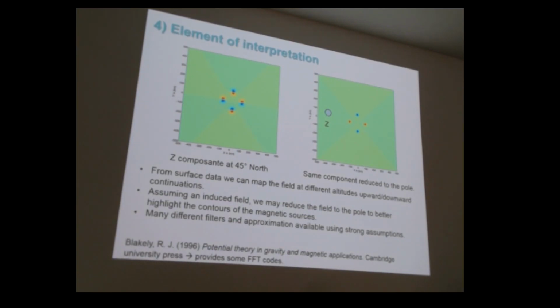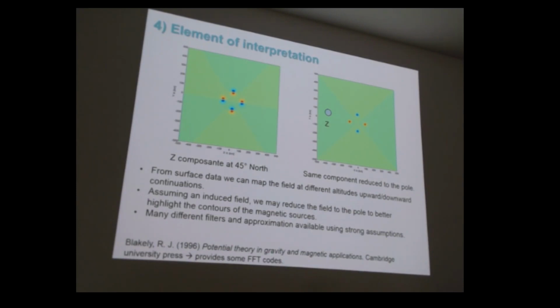Now, the reduction to the pole that we were talking about earlier: this is the dipole induced in an ambient field with an inclination of 45 degrees. You reduce this, and now you end up with the vertical dipole. This is something that is very easy. You can find a lot of codes and a very nice book.